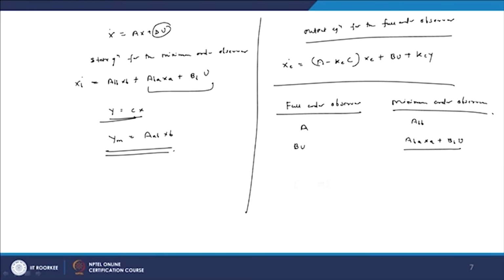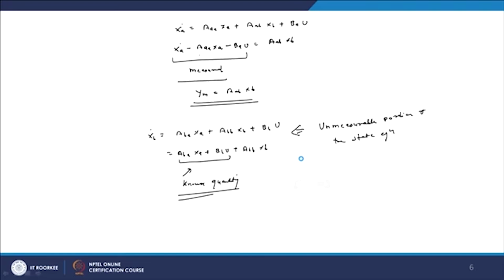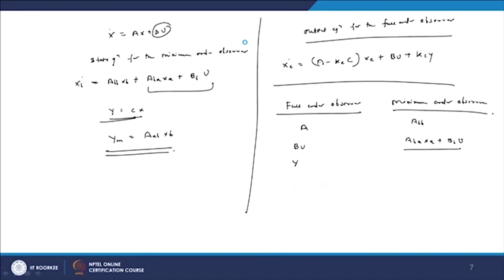So, now we have written the state equations. Now, about the output. In case of the full order observer, we write y, whereas in the minimum order observer, we write ym, and this ym equals xa dot minus AA xa minus BA into u. So, we can write this as ym.